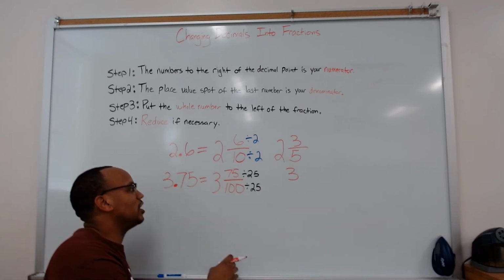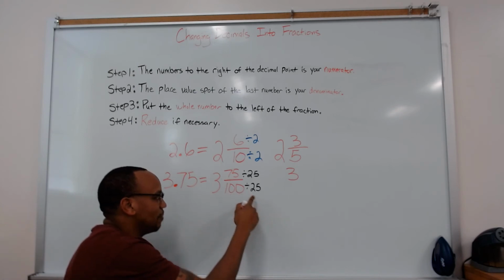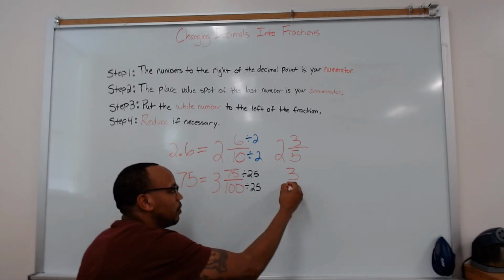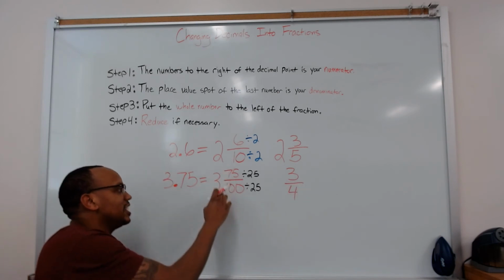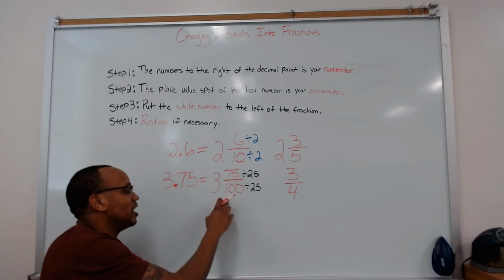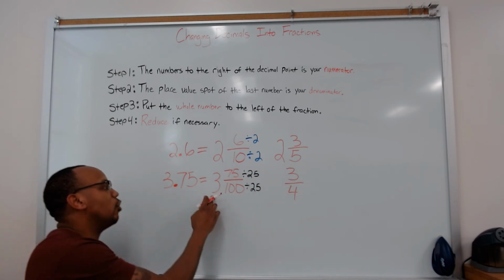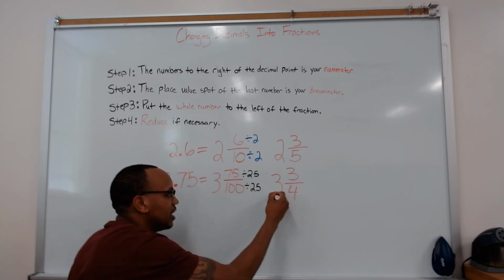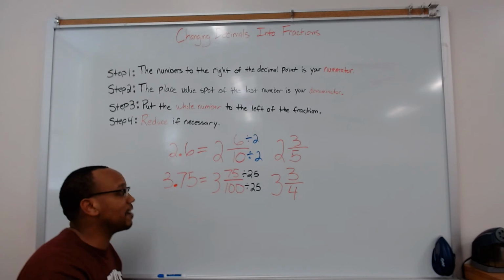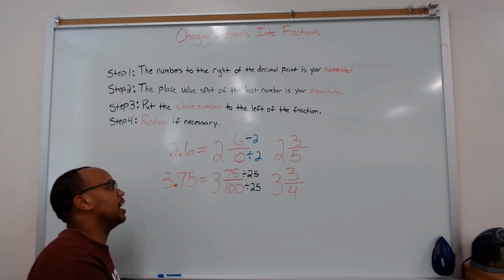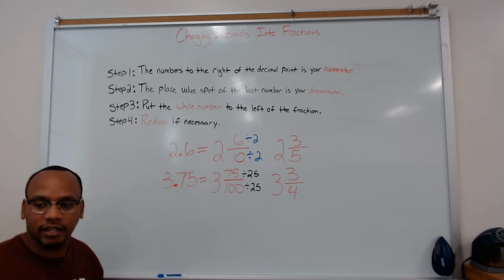And how many quarters is $1? What's 100 divided by 25? Well, that's 4. And what that means is 75 cents, 75 over 100 reduces to 3/4. All right? And the whole number stays the same. So again, when you're reducing, you're finding a number that both the top and the bottom number can be divided by, right?